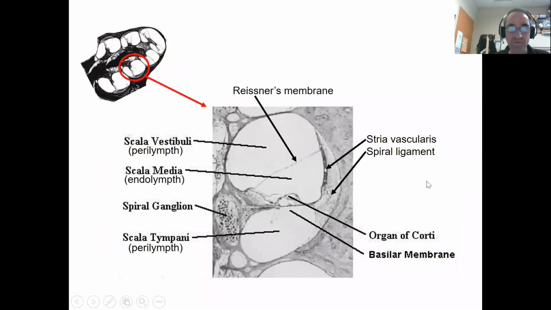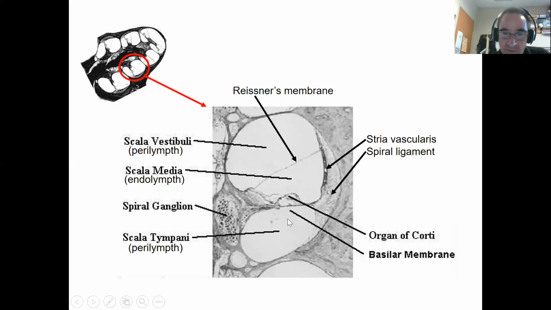All right, so just taking a closer look at some of these membranes in an actual microscope slide. We can see again the basilar membrane here. Okay, organ of Corti sitting on top of that. Stria vascularis, it's got the blood vessels. The spiral ligament is this thing that sticks out that the other edge of the basilar membrane is attached to.